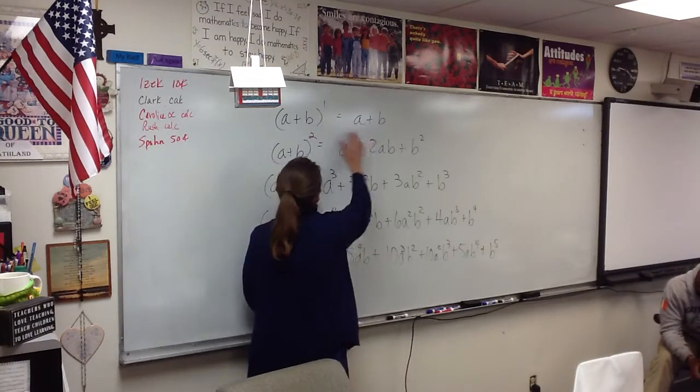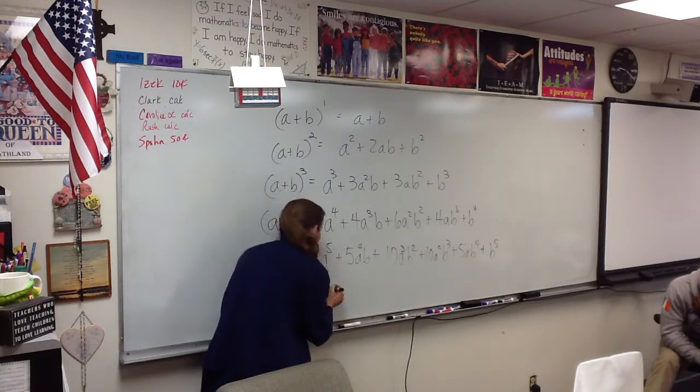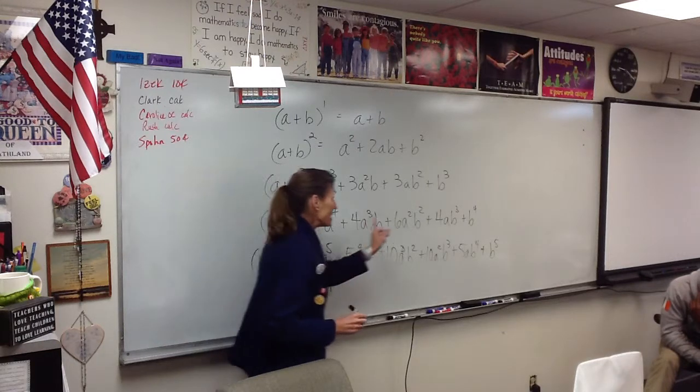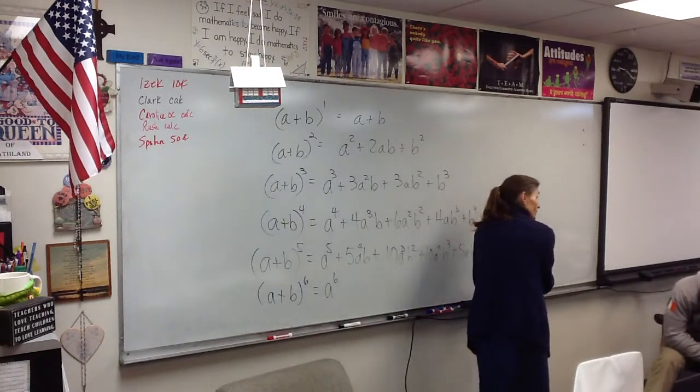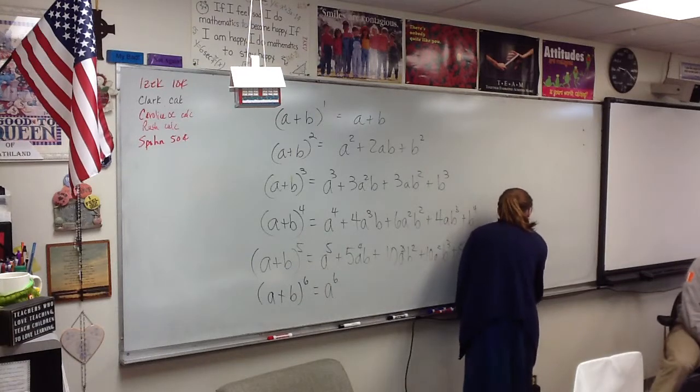A plus b to the first, a plus b to the second, a plus b to the third. A to the sixth. So you're going to have an a to the sixth on the beginning, and what's going to be on the end? B to the sixth.